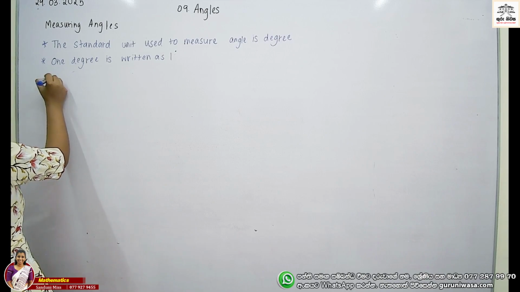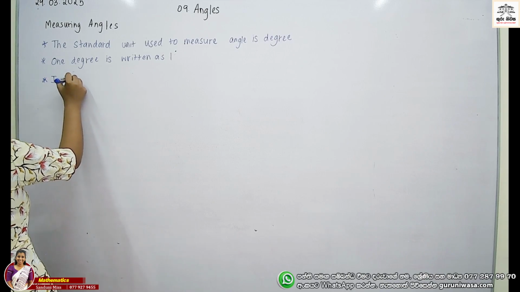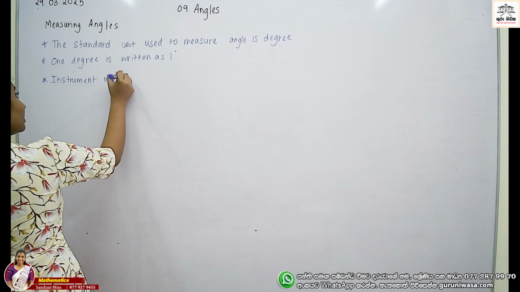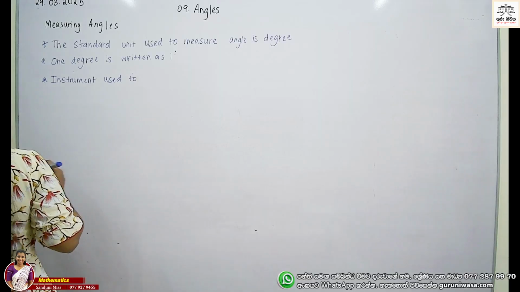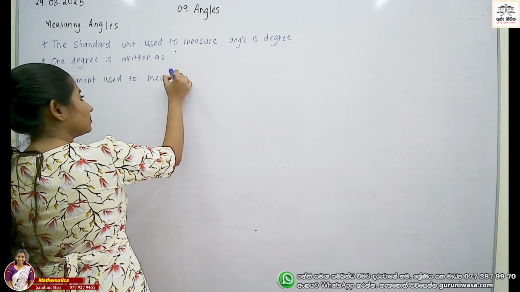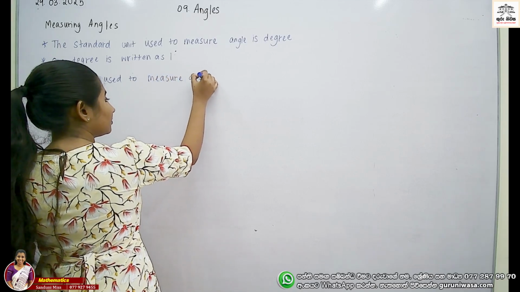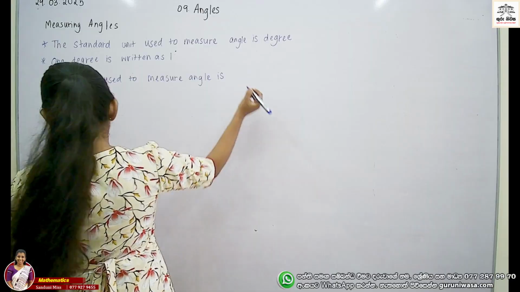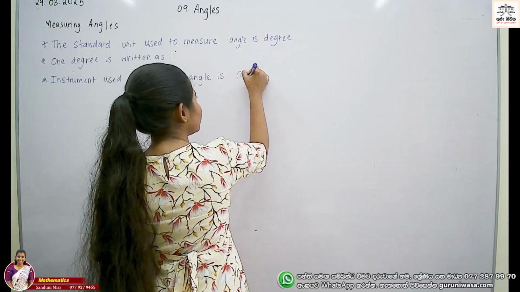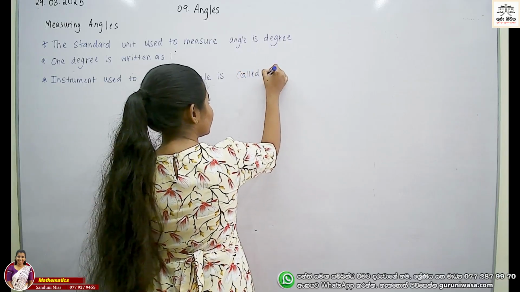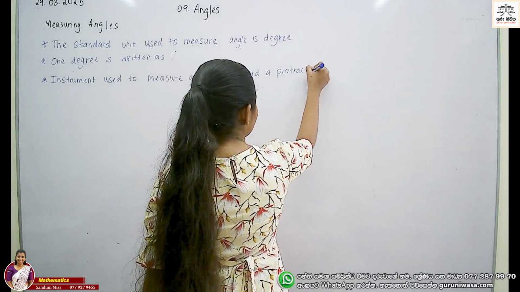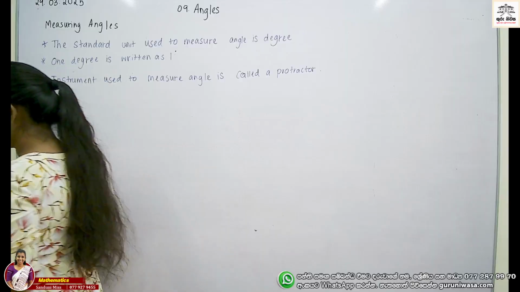Instrument used to measure angles is called a protractor.